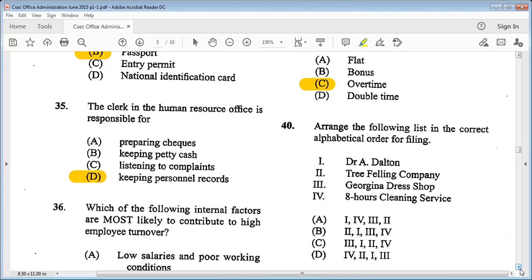We know our answer is, first, we'd have Dr. A. Dalton, then 8 Hours Cleaning Service, where the number 8 is spelled out in letters, so E. Then we'd have 1, then 4, then Georgiana Dress Shop 3, and then 2. So our answer is A.